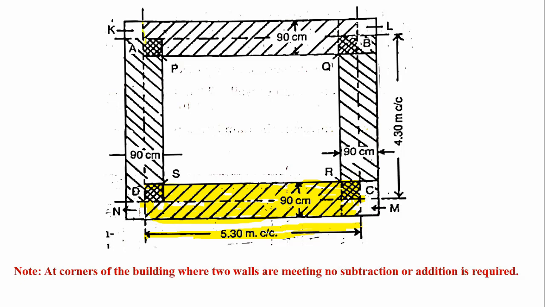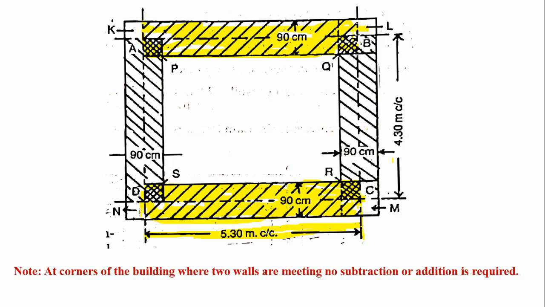Similarly, if you multiply it by 2, again this portion will also be covered. So we take the center to center length, the center of this long wall to the center of that long wall: 5.3 meters multiplied by 90 centimeters multiplied by depth. So we have calculated the long wall.